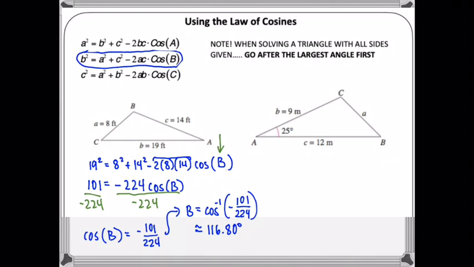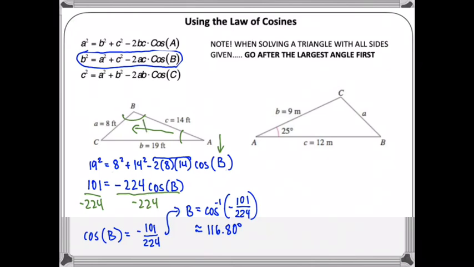Notice that we couldn't use the law of sines with this because we wouldn't have any known angles that would be opposite any sides. So the law of cosines we would have to go ahead and use.